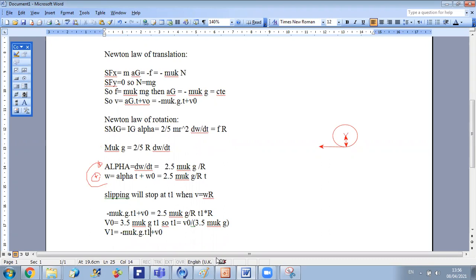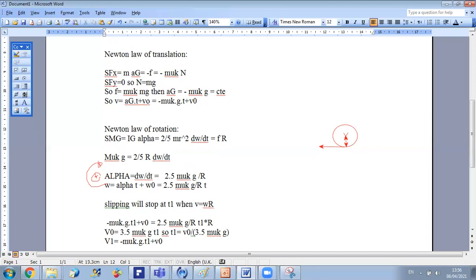Now to get s1, we need to find the position s. How do we find the position s? We do integration of v. Here we have v as a function of time, so s minus s0, and s0 we can take as 0, meaning at t equals 0, s equals 0. So s equals minus 0.5 times mu k times g t square plus v0t.